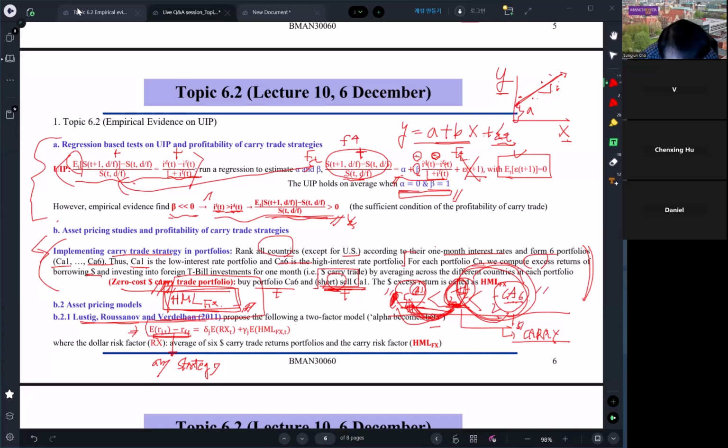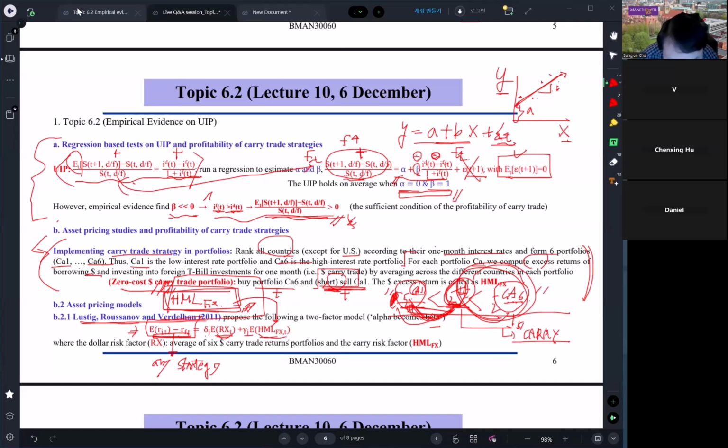The average excess return from implementing any currency strategy, the risk premium, is equal to sensitivity times the average of the 6 carry trade returns. They interpret this one as the average FX movement, and they add this HML as an additional factor.